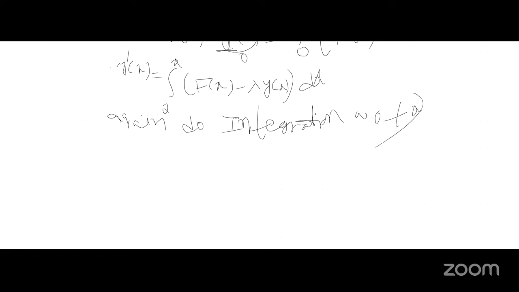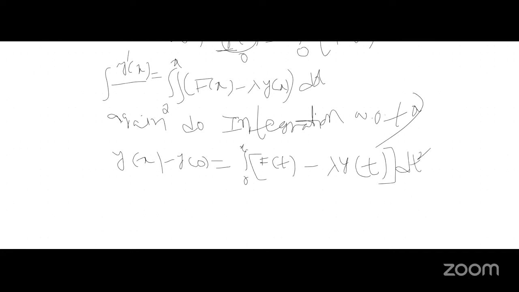So that is the integration, and this is also integration, and this becomes y of x minus y of 0 equal to, so the function is completely changing, integral 0 to x of f of t minus lambda into y of t dt square.